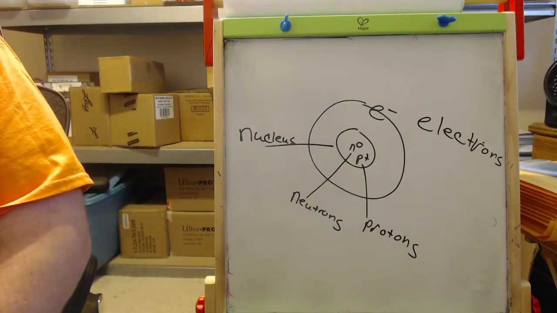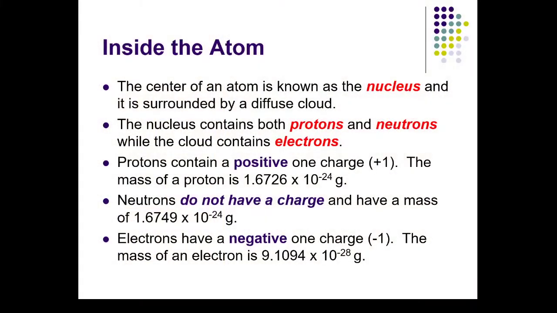Okay. So what to point out on this? Well, the mass of a proton is roughly 1.68 times 10 to the negative 24th. And I'm not going to expect you to know the mass of a proton or a neutron or electron, but they're up here for this reason. Protons contain a positive charge.